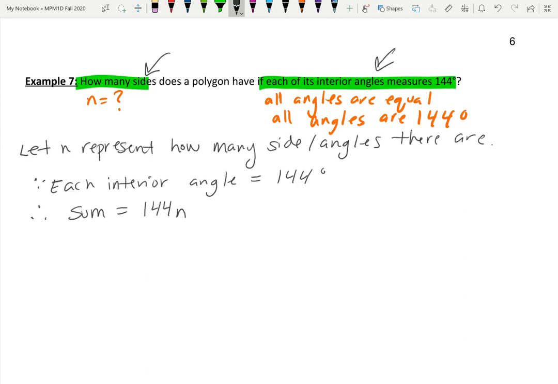Okay, so the sum is all of the interior angles added up together. Okay, and it tells me that all the interior angles are equal to each other. One interior angle is equal to 144. So we're going to multiply that by however many sides there are, which we're trying to figure out.